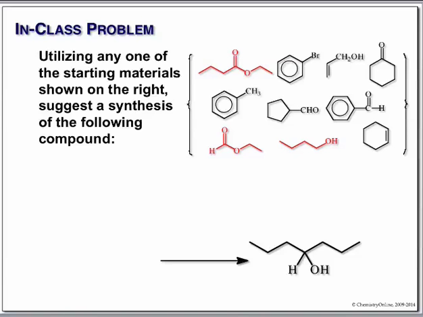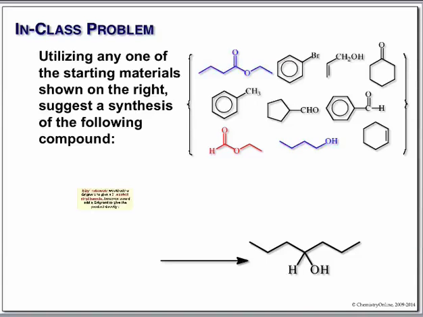Up top, we have ethyl butanoate. Now, that's half of this molecule, isn't it? However, remember the ester portion also carries over. So instead of making a secondary alcohol, this would give us a tertiary alcohol.